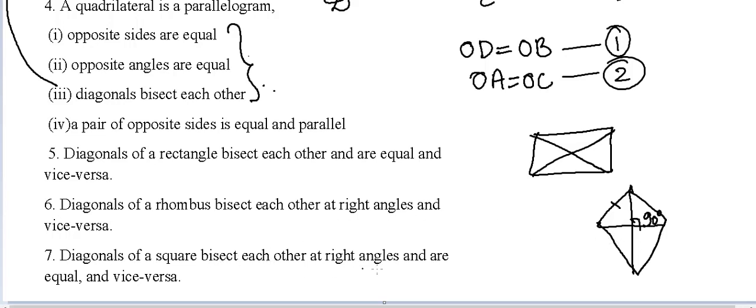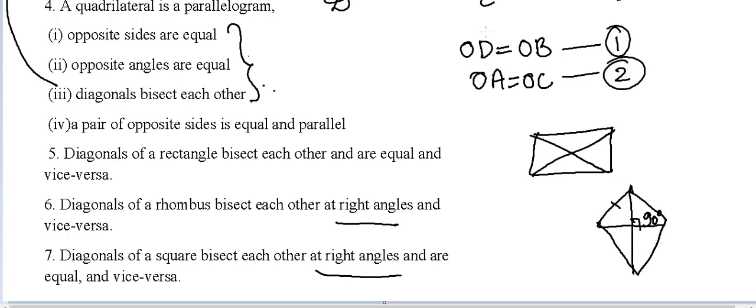Similarly, square also bisect at 90 degrees. So we can say rectangle and parallelogram bisect each other. Okay, and they bisect each other in equal halves, and in rhombus and square they bisect each other at right angles.